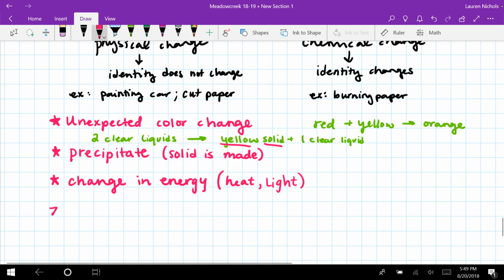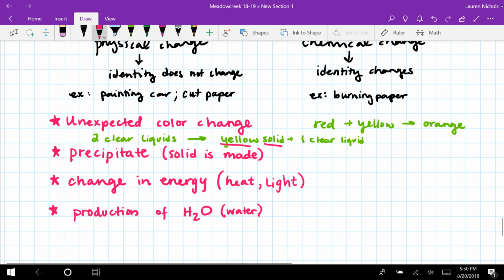All right, so the fourth thing that we want to look at is the production of water. So if you make water where there was not any beforehand, and I'm going to put water in parentheses, we know that H2O is water, then a reaction has occurred.